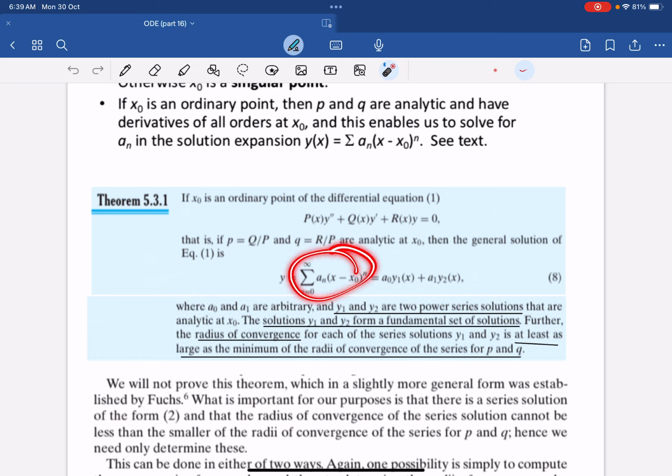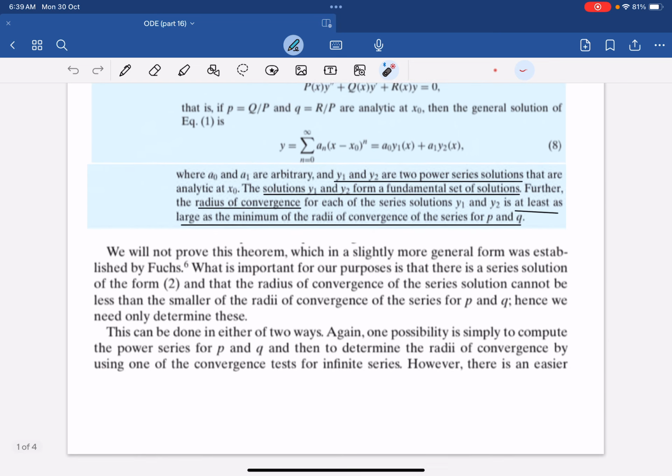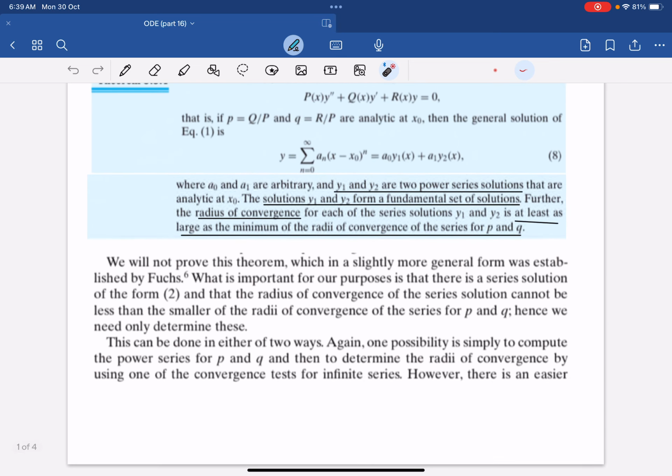And what's more, we can break this series into two series that form the fundamental set of solutions. The radius of convergence cannot be less than the smaller of the two radii of convergence for little p and little q.